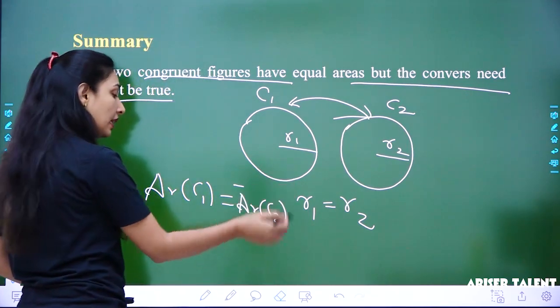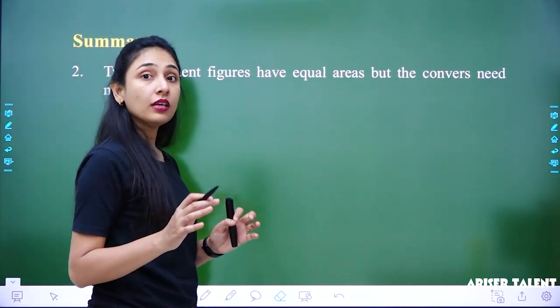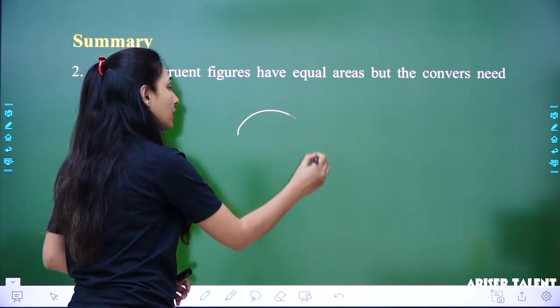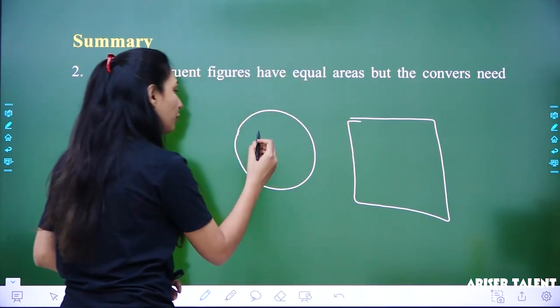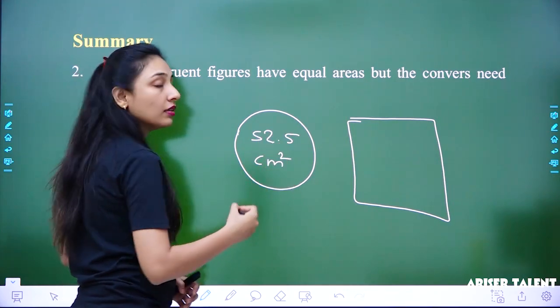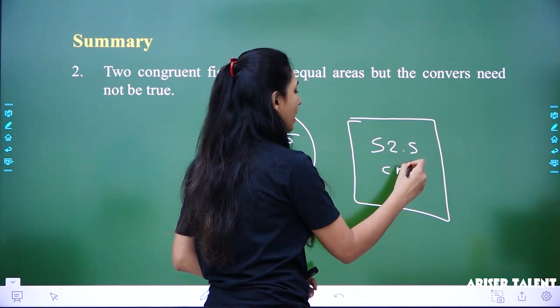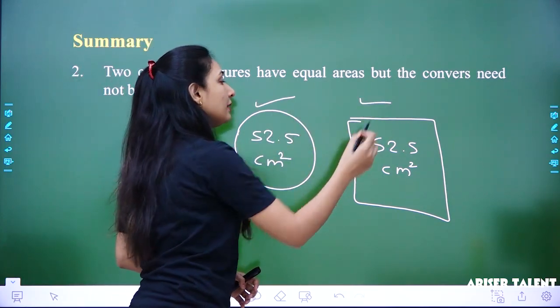But if the areas of two figures are the same, let's suppose there is a square here and a circle here, and the area of one is 52.5 centimeter square and the area of the other is also 52.5 centimeter square, it can be possible.